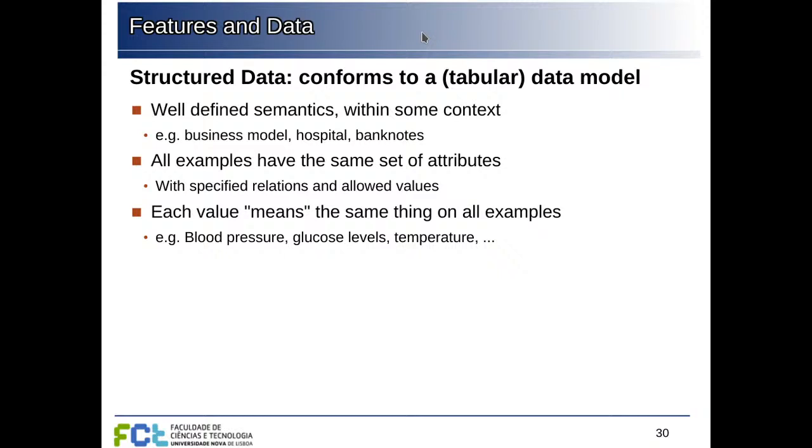And all the examples will have the same set of attributes. So all our clients have values on that table, and they all have these attributes specified. And each column in the table means the same thing. So we have a column for age, a column for expenses and things like that, and the value there always has the same meaning.